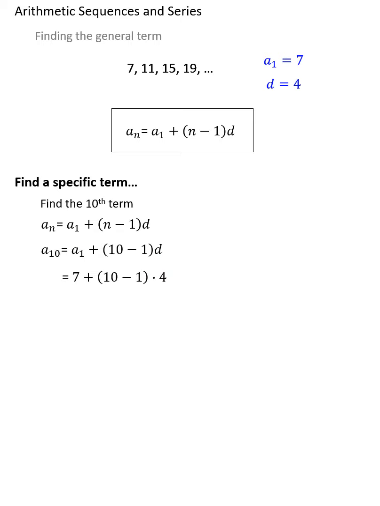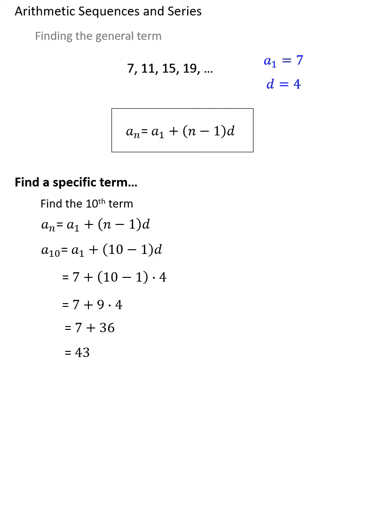And after plugging in all that information, I can use the order of operations, simplify this, and find the 10th term. 10 minus 1 is 9. 9 times 4 is 36. And the final result, 43.